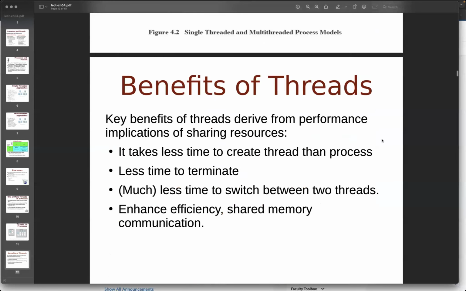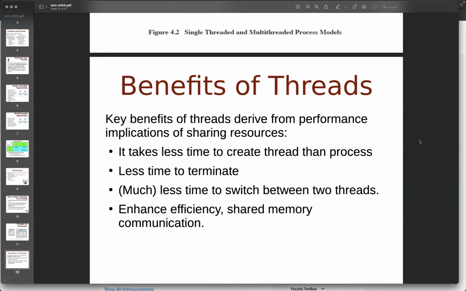And then why do we need to create threads? Because we are already using them in reality. When you use your own OS, you already experience those benefits. The key benefits of threads derive from the performance implications of less resource sharing.